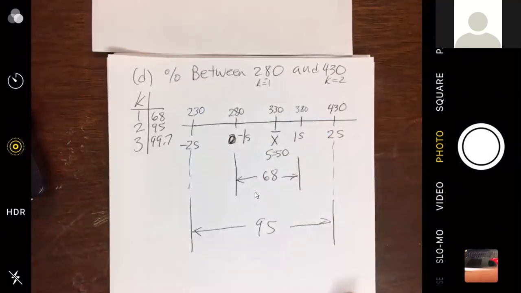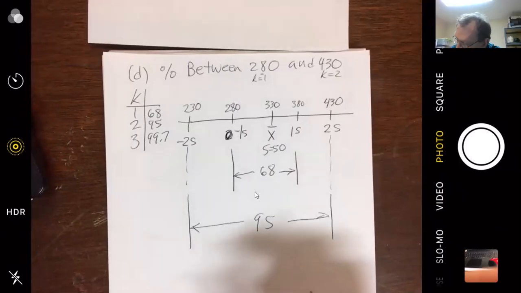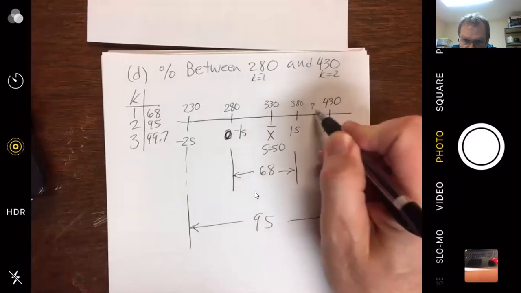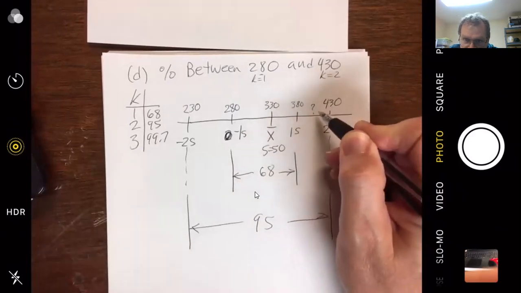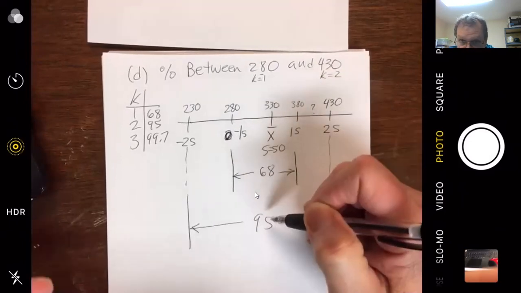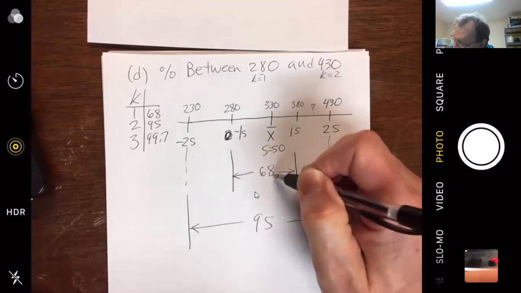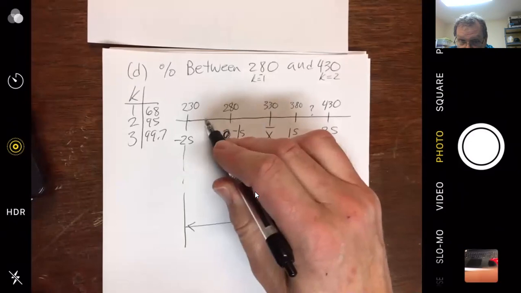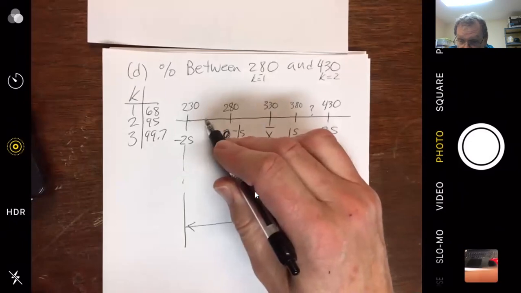So do you see, if I want to puzzle out that piece on the right side, if I went 95 minus 68, I would get both of these pieces? Yes.